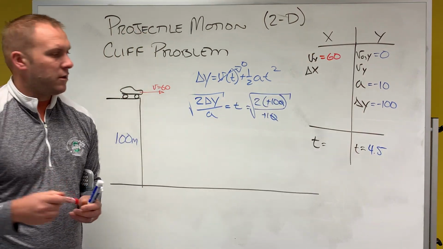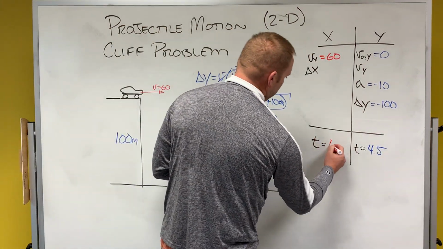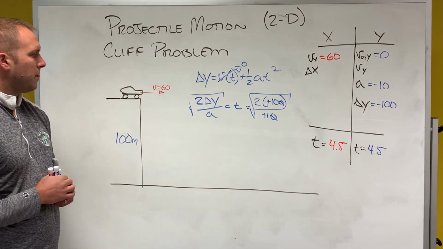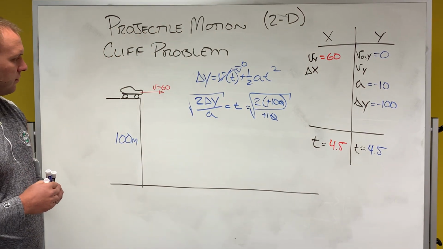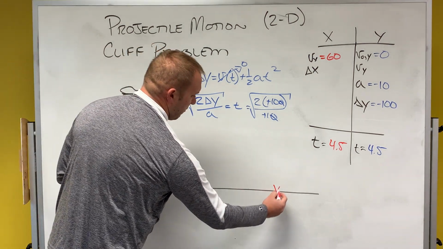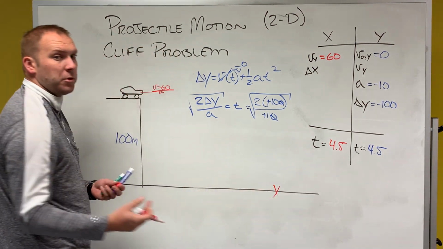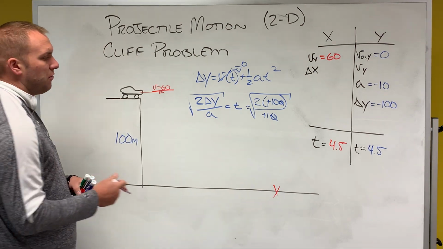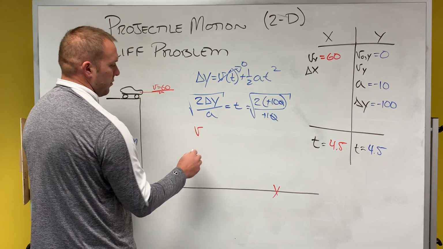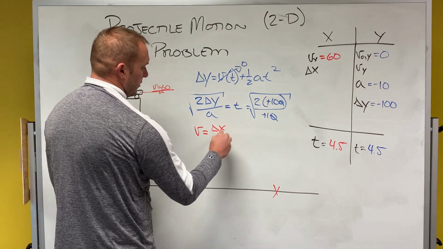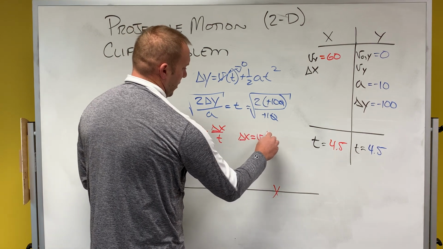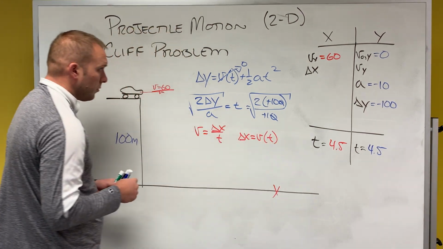Now the nice thing is that I can also bring that over here. It's in the air for 4.5 seconds. Okay? So now, what I know is this velocity is constant. So I can figure out how far away from the cliff it actually hits 4.5 seconds later. Well, I can use my constant velocity equation for the x, where velocity is displacement over time. I could then solve for displacement, which is velocity times time.